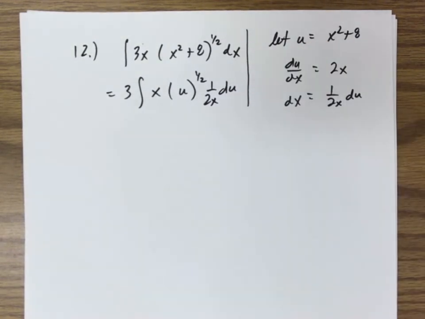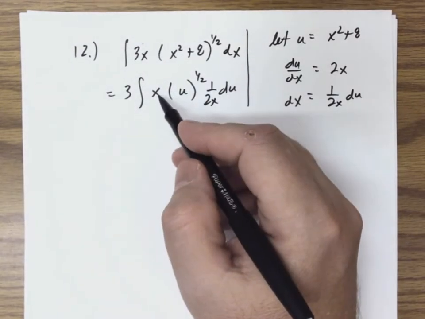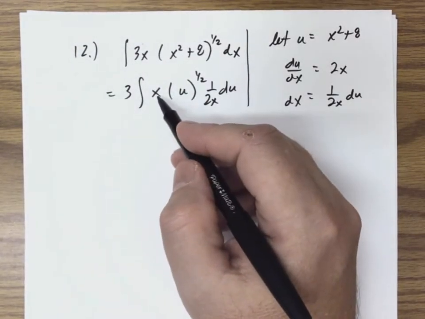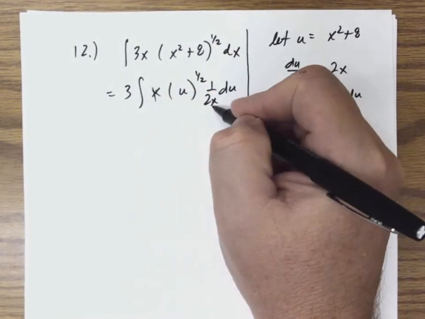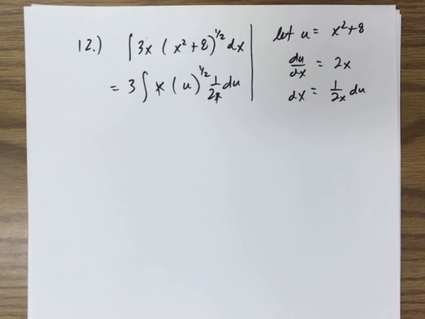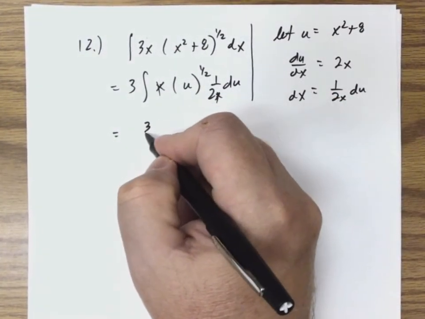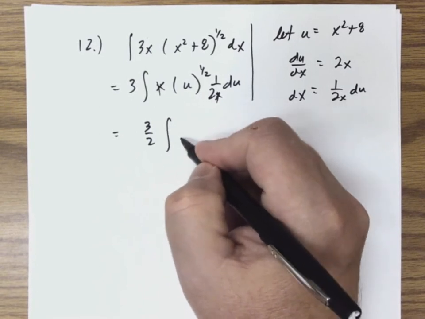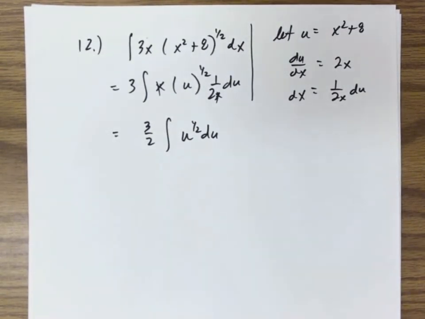Now once again, maybe God is smiling on us, because I'm going to be stuck if I can't get rid of these x's, but I have x in the top, x in the bottom. They cancel out. Let me move the 2 out front. Basically, it simplifies down to 3/2 times the integral of u to the 1/2 du.